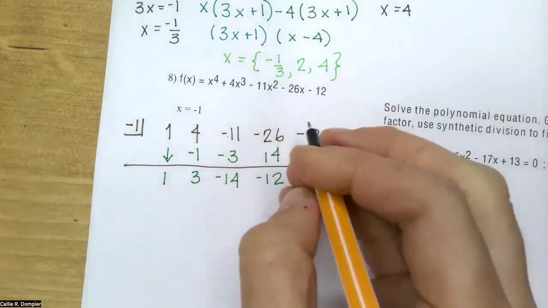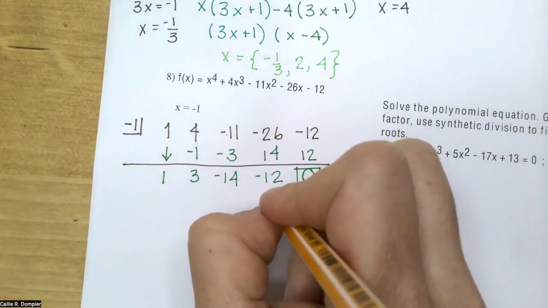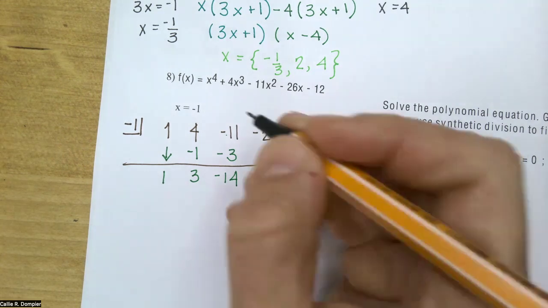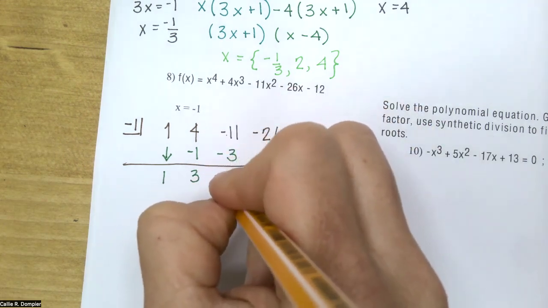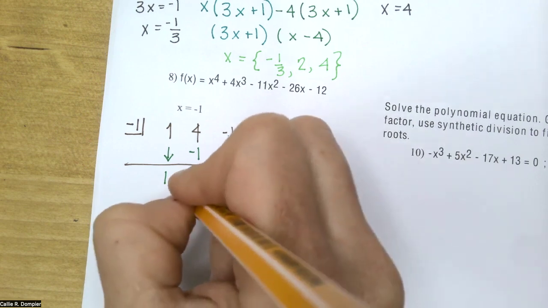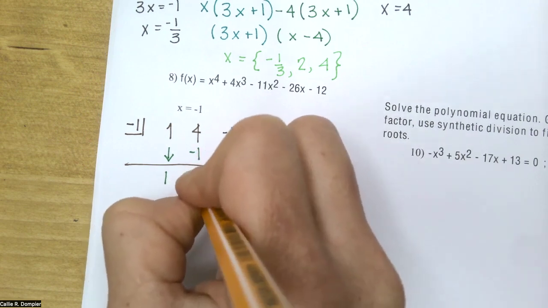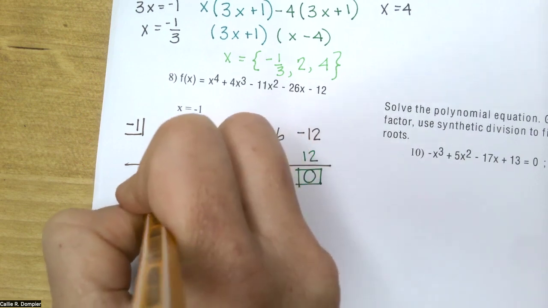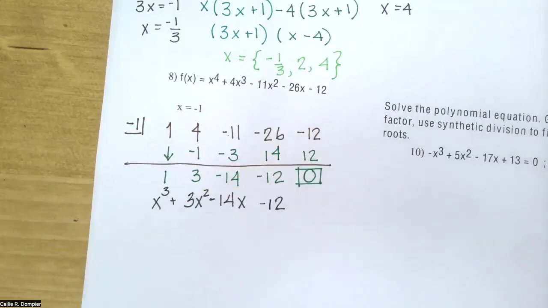Our new polynomial is, I like to start at the back. So -12 is my constant, -14 x to the first, +3 x squared, and then 1x cubed, okay? What do we do now that we have an x cubed? We can't just factor it the way that we have been factoring things in this course previously.